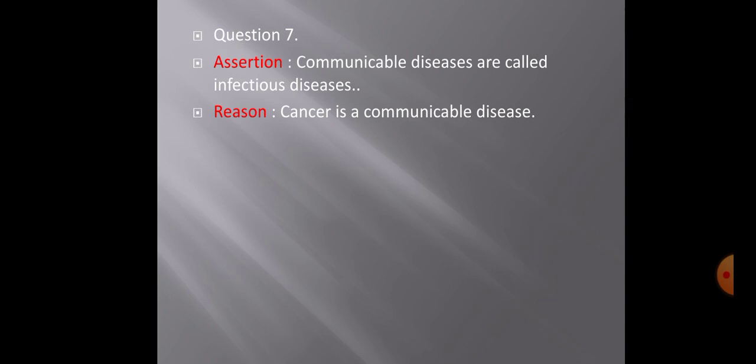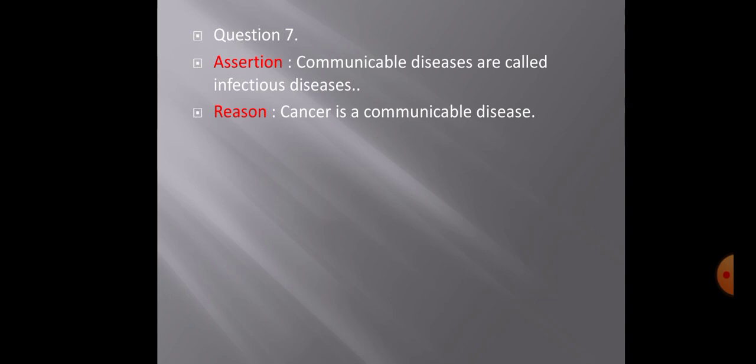Communicable disease means the types of disease which can spread from a healthy person to an infected person to a healthy person, right? Which can communicate, which can transfer from one person to another person. Of course, when these can transfer from one person to another, they are infectious diseases, right? So we find that the assertion is a correct one.